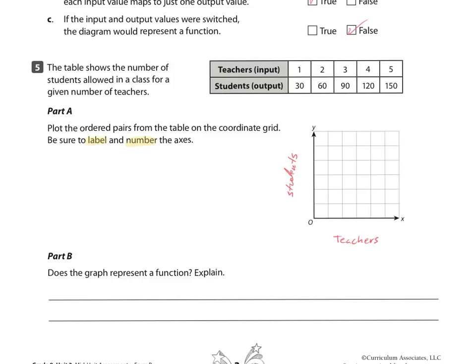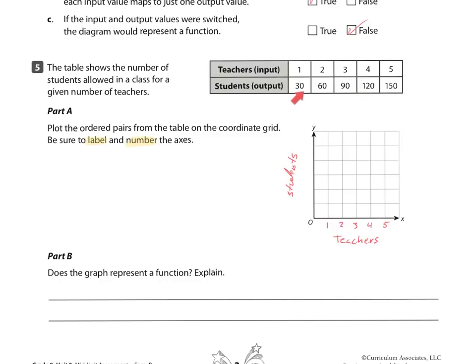Now we need to see how much everything is changing. So the teachers is going from 1, 2, 3, 4, 5. So everything is increasing by 1. So it will make sense that we're going to make everything increase by 1s. Now, for the students, if we pay attention to the students, we actually have 30, 60, 90, 120, and 150.